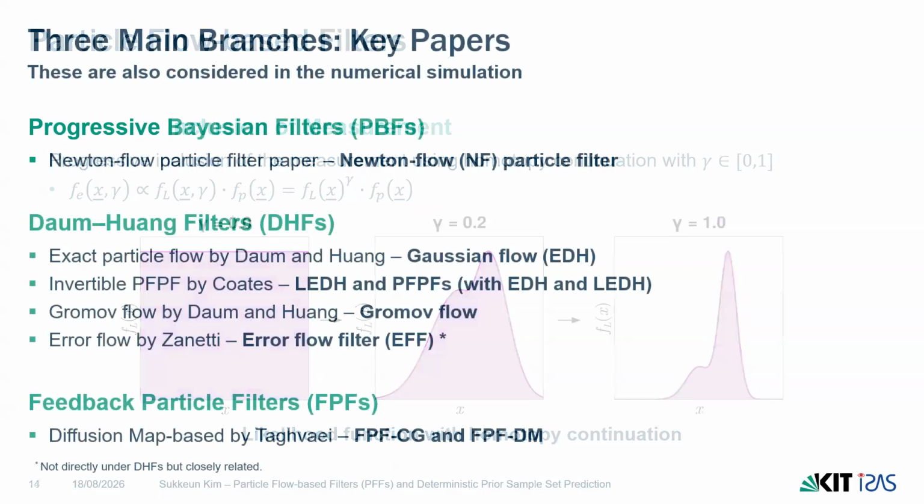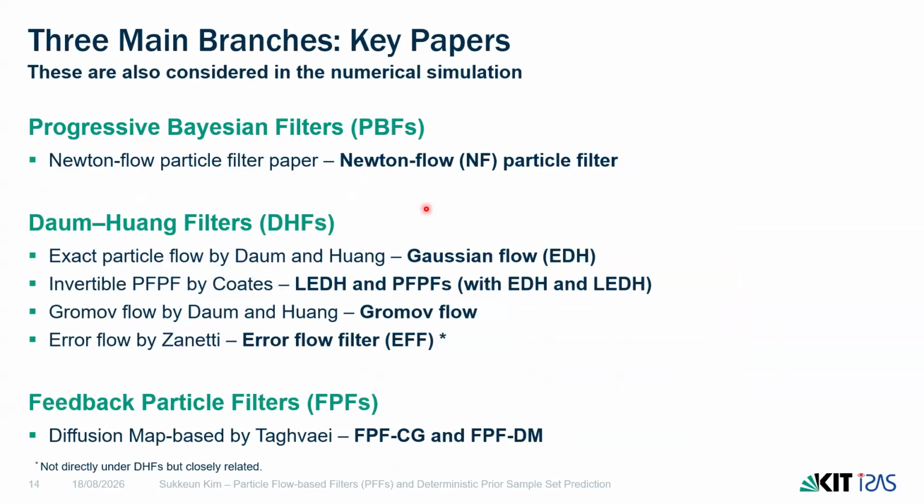Okay, so there are key papers. There are tons of papers about this topic, and we just selected these as key papers. If you want to have a look in more detail at this research, you can have a look at these papers.